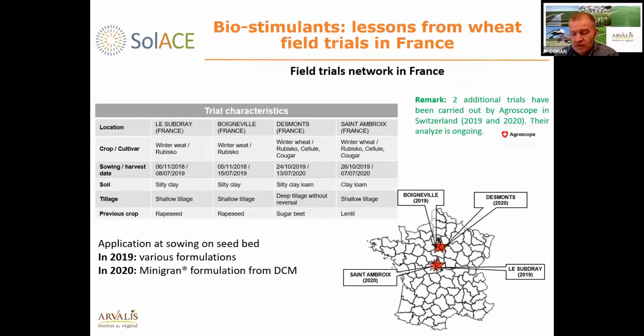And I must underline that all the microorganisms were provided by partners from SolACE, which is very interesting because we have in the same project the producer of the microorganism, also the company which did the formulation, and also the partners which did the experiment. So we have all the information needed to correctly interpret the result.